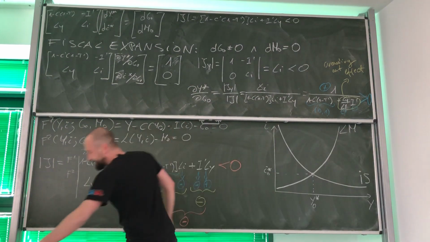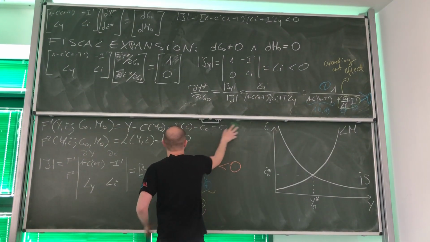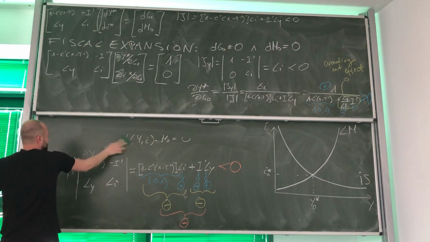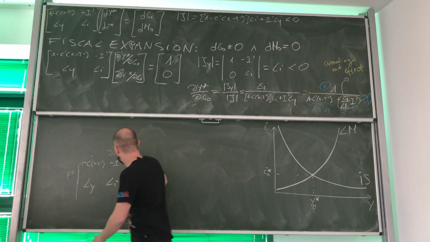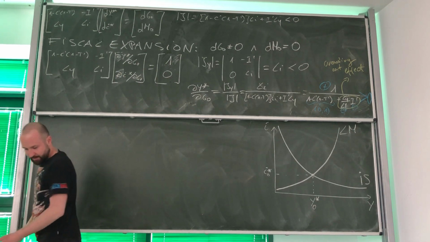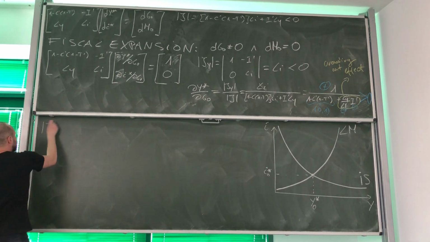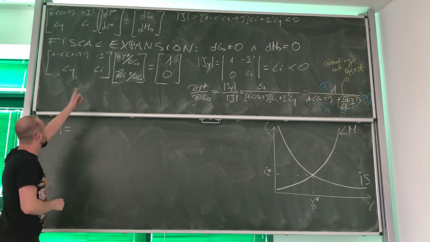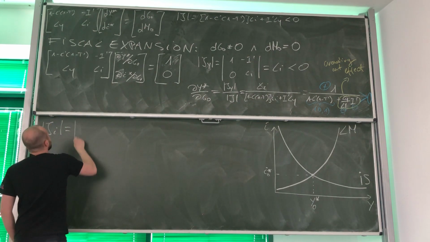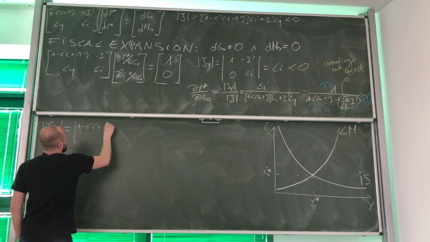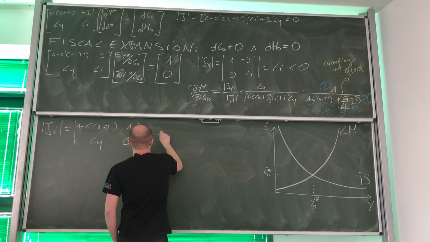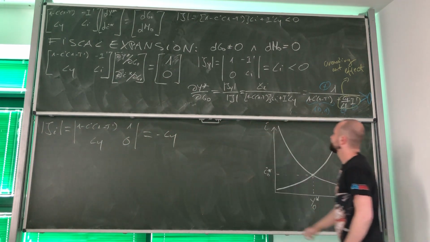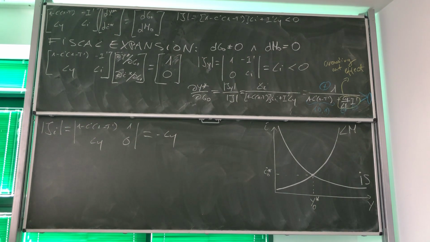We also need to know what is the impact of government spending on the equilibrium interest rate. And so we need to calculate another Jacobian. Let's put Jacobian i. So now we replace the second column. And we've got that this is 1 minus C prime, 1 minus T prime, Ly, 1, 0. So this in turn is simply negative Ly. Right?